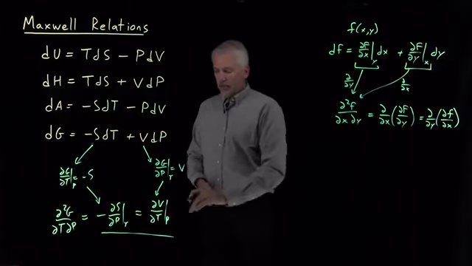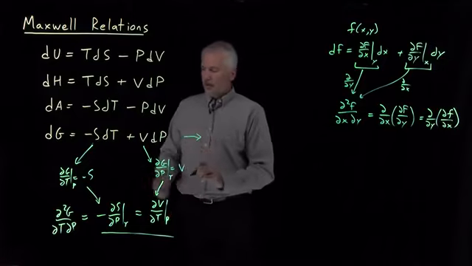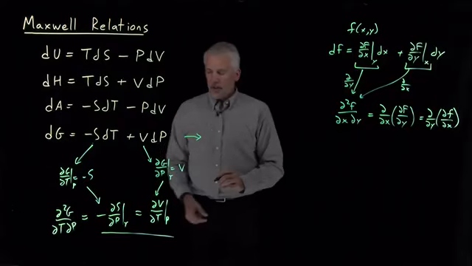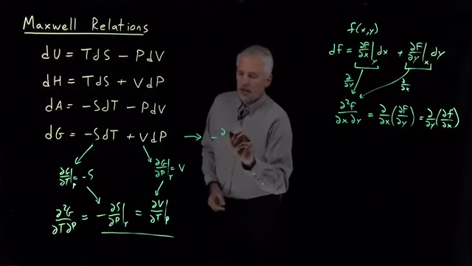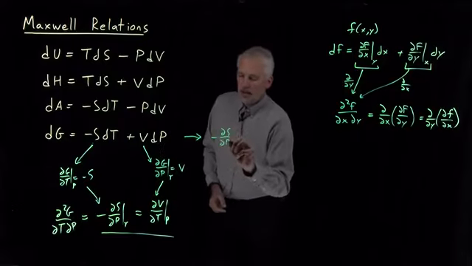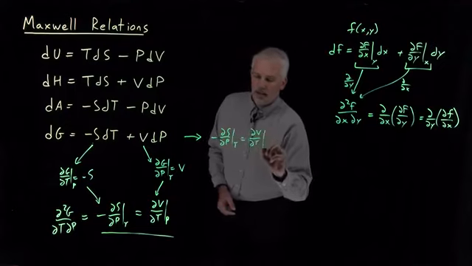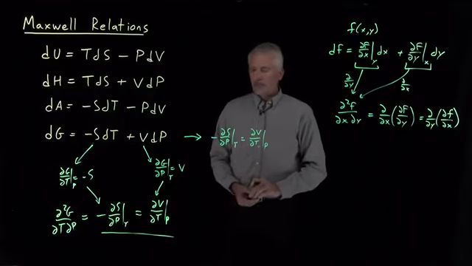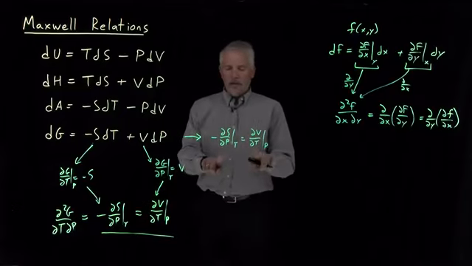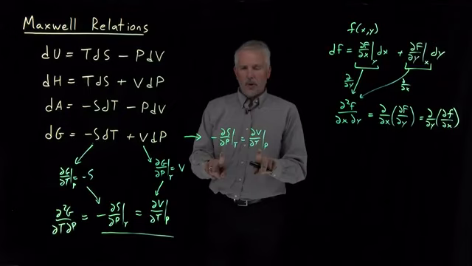So this fundamental equation has given us a new thermodynamic relationship. Minus dS dP at constant T is equal to dV dT at constant pressure. And I can read that directly off the fundamental equation now that I know where it comes from.